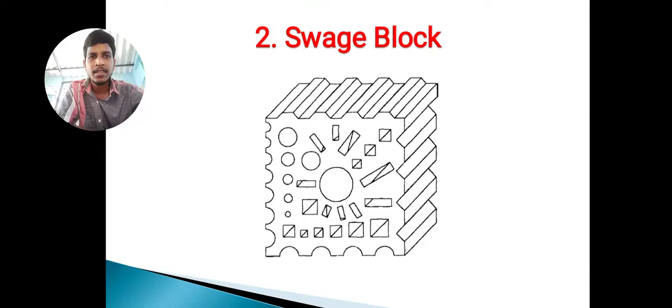In this, you can observe different shapes having different dimensions: squares from starting to final dimensions, and circles from initial diameter to final diameters. These are used to change the particular diameters and areas of the workpieces.